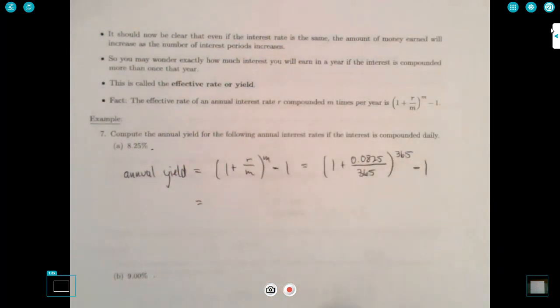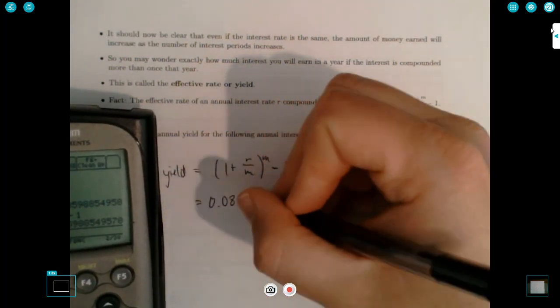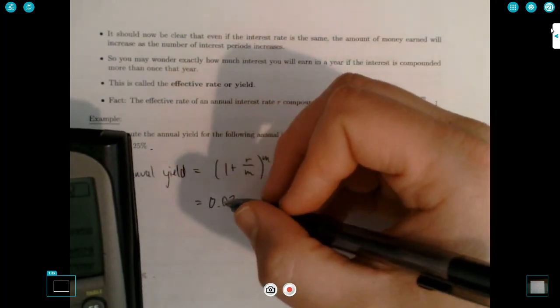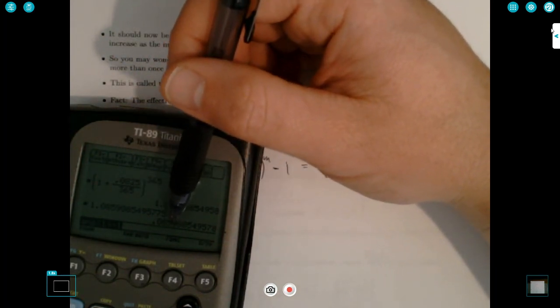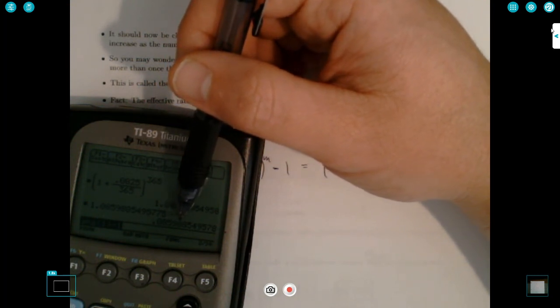Okay, so let's see. If we plug that into our calculator, we're going to get (1 + 0.0825/365)^365 - 1. And you should come up with 0.0860, right? This is kind of a strange case, but if I wanted to round to this decimal place, the 9 has nowhere to go. The 59 has to go up to a 60, right?